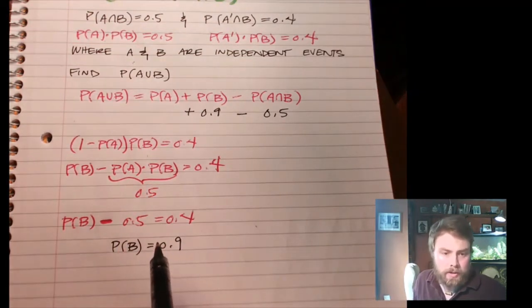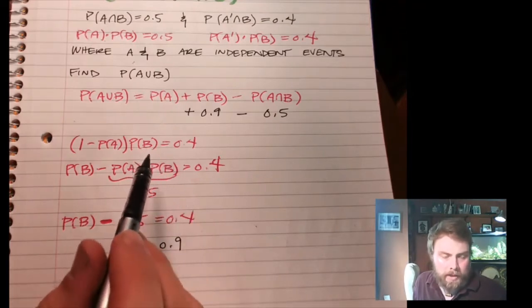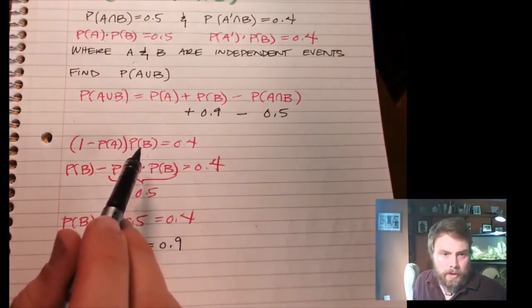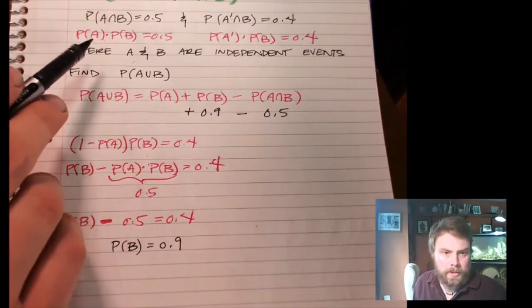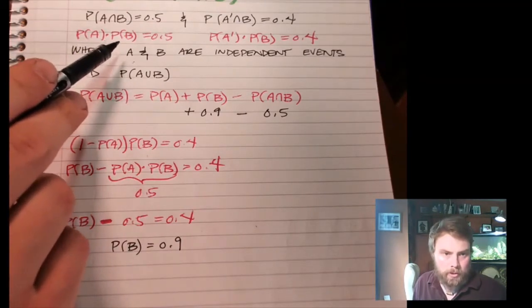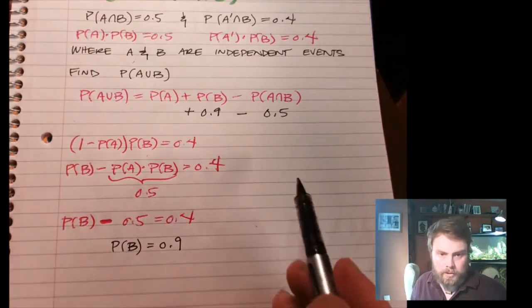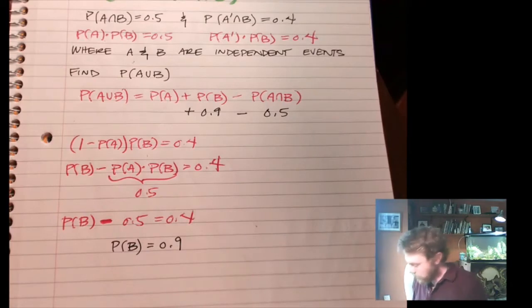And if we take this 0.9, we can go back up and plug it back in. 0.9 right here, or probably even easier yet, let's go up to here and plug in probability B as 0.9 and figure out probability A. So I'll start that work on this side over here.